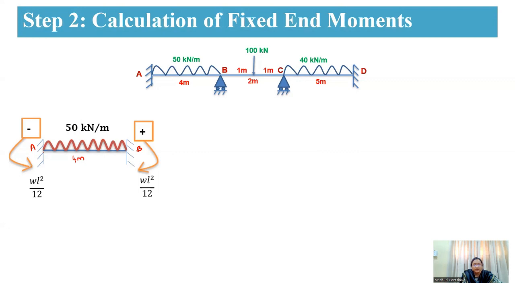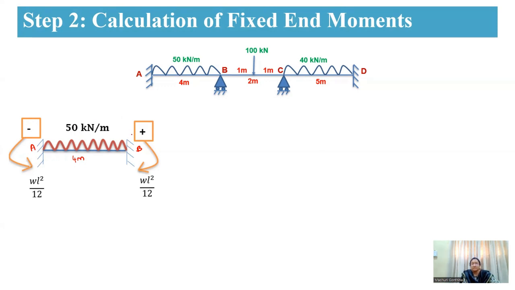We consider both end supports to be fixed end supports, and here you are writing the fixed end moments. The fixed end moment at A is in anti-clockwise direction, therefore it is negative, whereas for BA it is in clockwise direction, therefore it is positive.